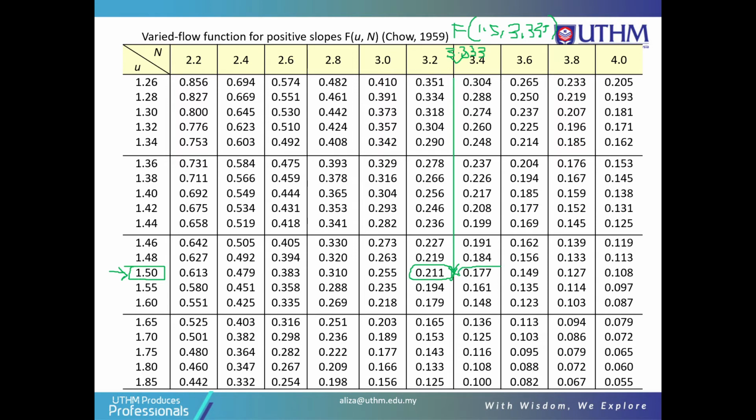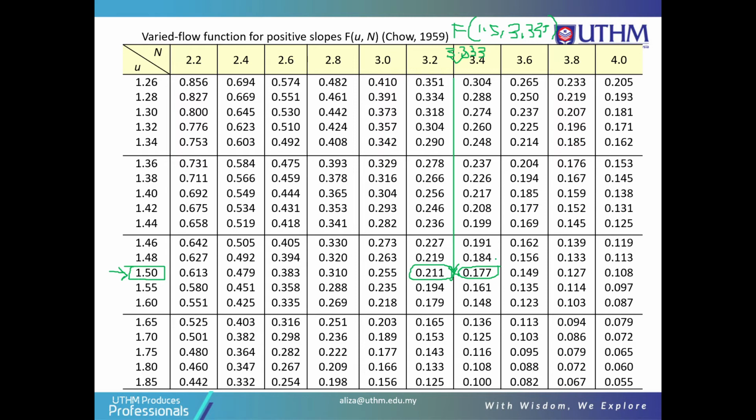0.211, and we get 0.211 is 3.2, 3.333, 3.4 is we get 0.177.